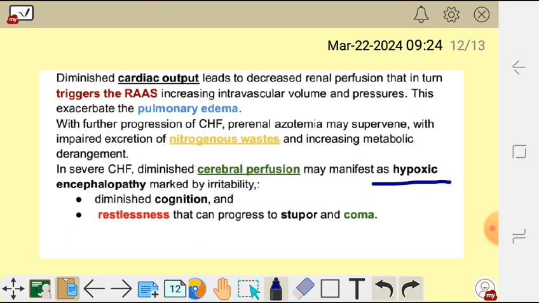So if cerebral perfusion is reduced, we are going to have hypoxic encephalopathy, which is marked by poor cognition and restlessness, which can lead to stupor or coma.